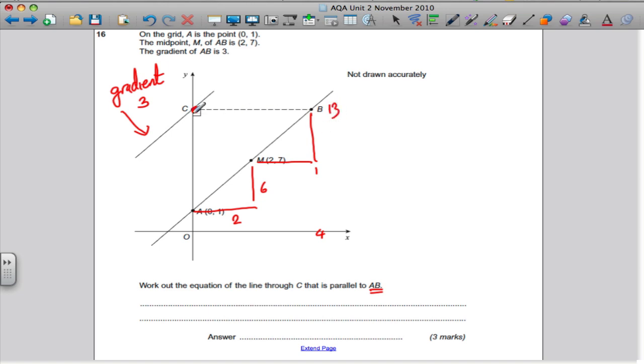So the coordinate here must be 13 high, it's got coordinate 0, 13. We know that y equals mx plus c, the equation of a straight line. This line, for it to be parallel to this, must have a gradient of 3, so must have an m of 3. And we know that this coordinate here, where it crosses the y-axis, is 0, 13, so c must be 13. Substituting in, our equation of the line is y equals 3x plus 13.